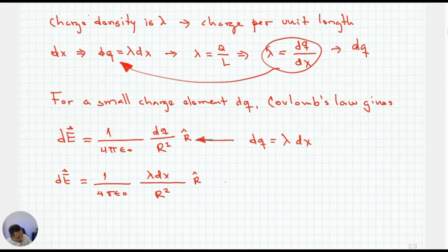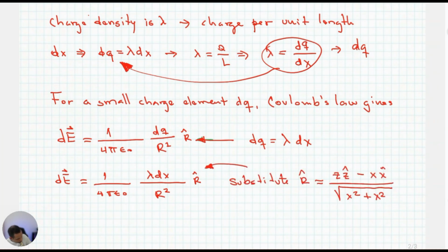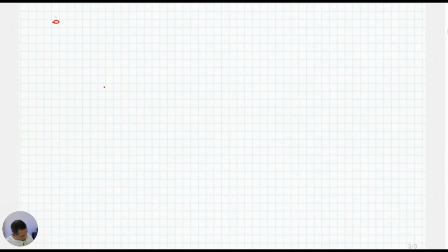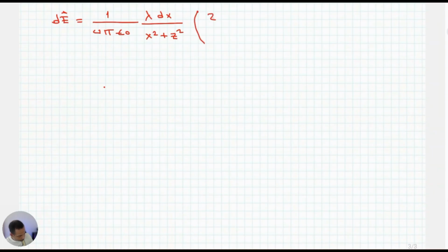So now we substitute the expression for r into this equation, and we will get something like this. dE is equal to 1 dividing 4 pi epsilon 0, lambda dx, dividing s squared plus z squared, multiplying z along the z direction minus x along the x direction, dividing root square of s squared plus z squared.